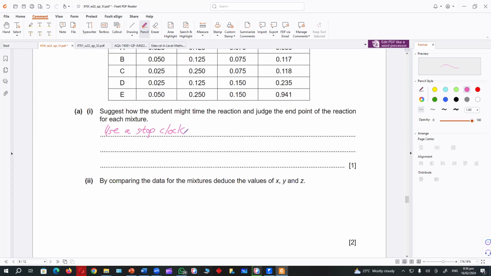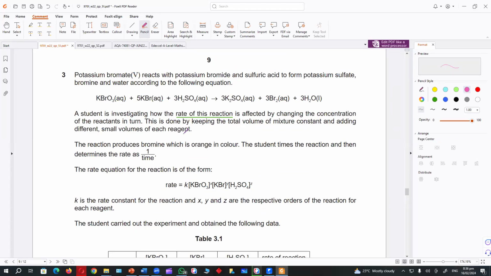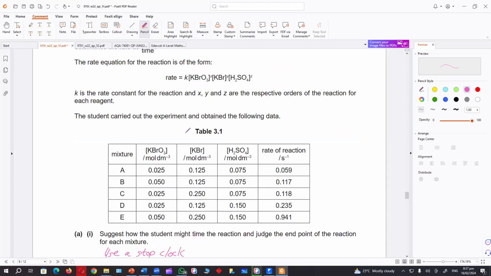How do we manage the end point? By the color change of the solution. The reaction produces bromine, which is orange in color, so maybe the production of orange bromine serves as an end point signal.